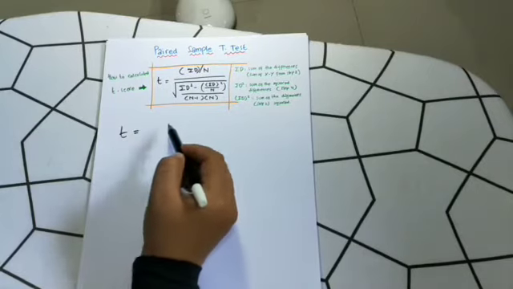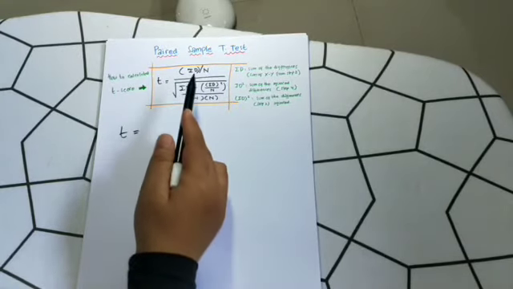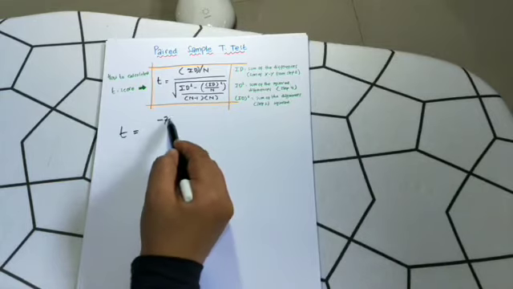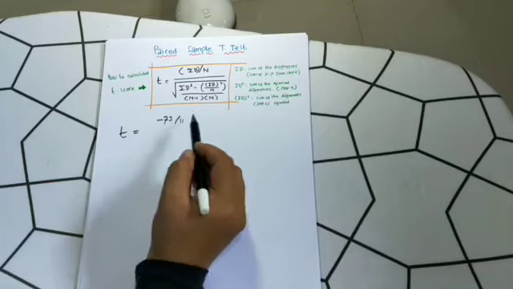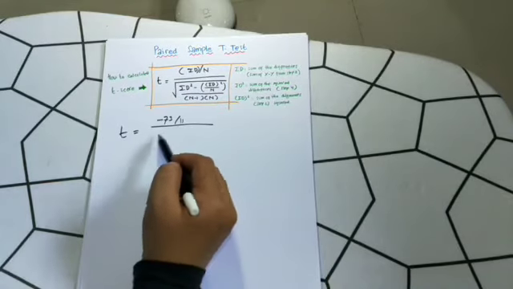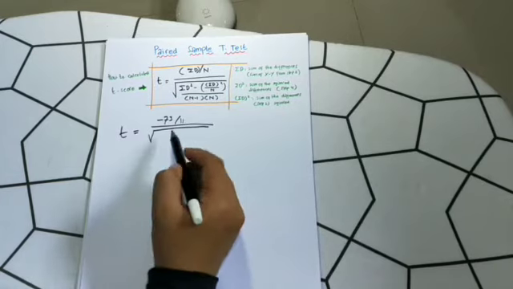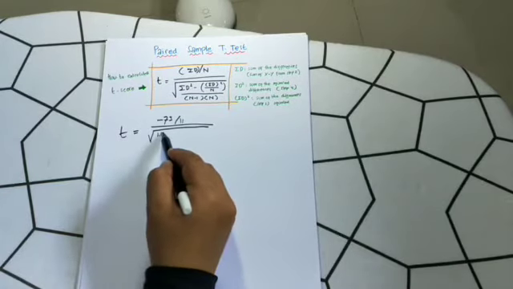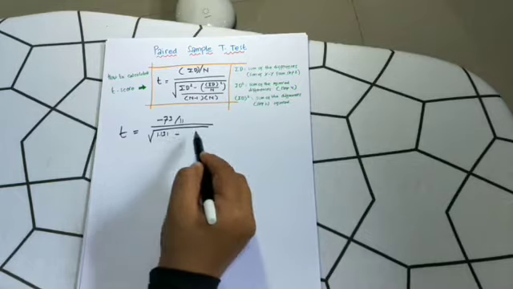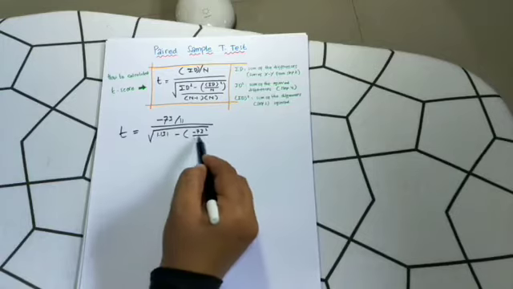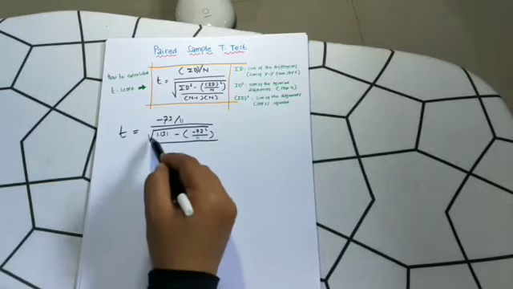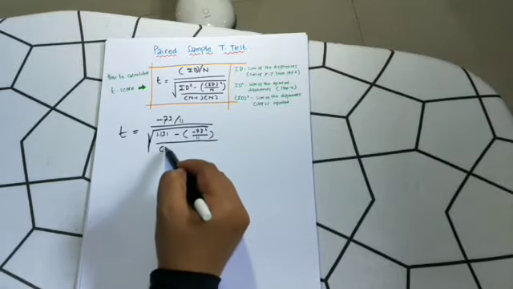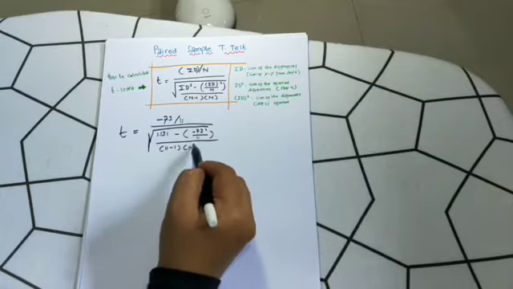So D equals the sum of D, which is minus 73, divided by N, and N is 11, divided by the root of 1131 minus 73 squared divided by 11, divided by 11 minus 1 times 11.